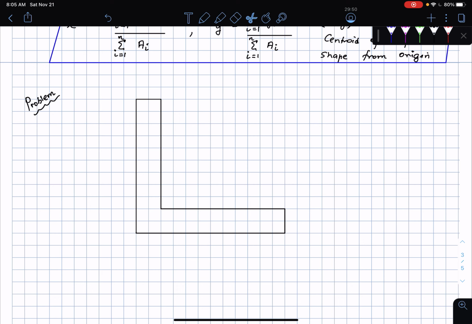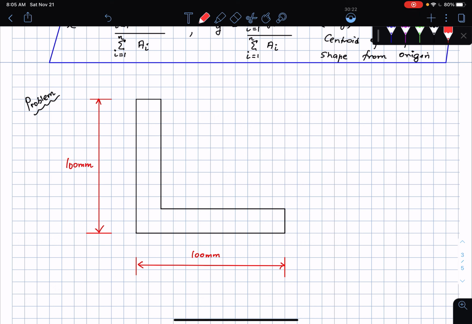So here are the dimensions, starting from here all the way onto there. That's a length of 100 millimeters, and so is the height. This is 100 millimeters, and likewise the height here, starting all the way from here onto the top flange, is going to be 100 millimeters as well.